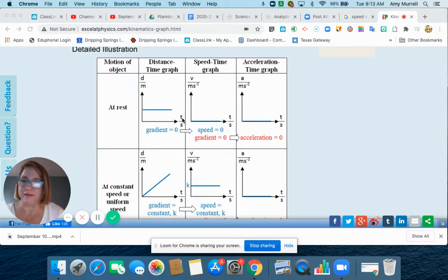So d over t, that makes it speed, distance divided by time. This column, these are speed graphs, velocity, so speed with direction. And this is also time. And then this column are acceleration graphs. So acceleration as time goes by. So here's time, as always, on the x-axis. So let's compare what things look like in each of these graphs.